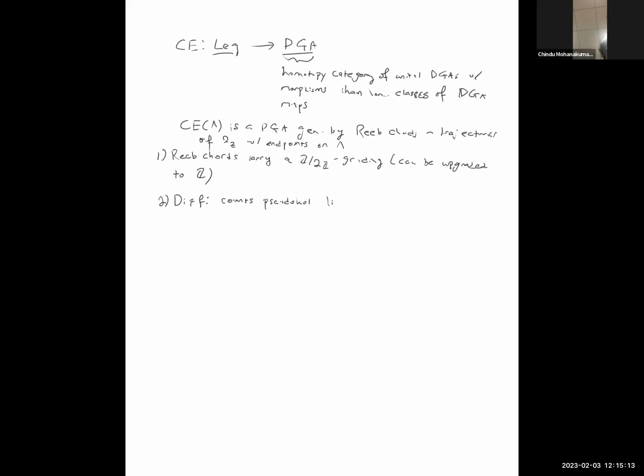So pseudo-holomorphic disks with boundary punctures of the following form. We have, sort of like, I'll write p, q1, q2, and then all the way up to qm.